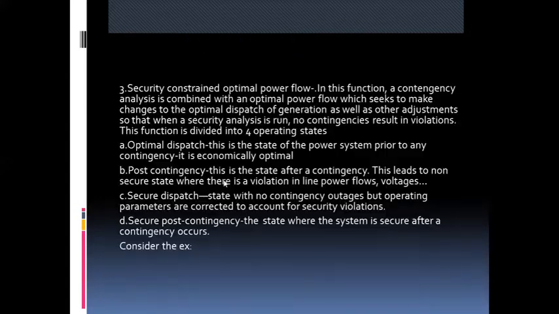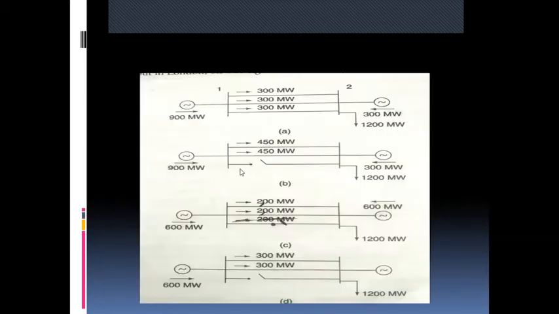Whereas the second one, post contingency, is the state after a contingency, which leads to a non-secure state where there is a violation in line power flows, voltages, etc. Here, there is an outage of a line, and in these 2 transmission lines the power flow is more than their capacity of 300 megawatts.